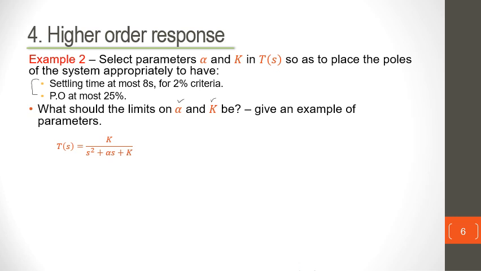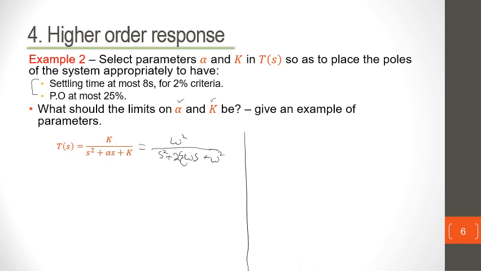We know that generally speaking, the transfer function of a second order system is the natural frequency squared over S squared plus 2 times the damping factor times the natural frequency S plus the natural frequency squared.